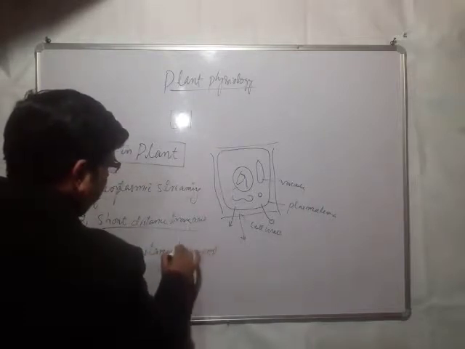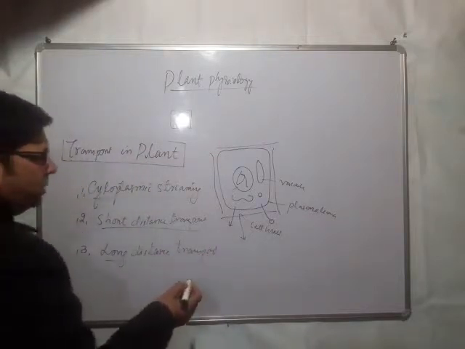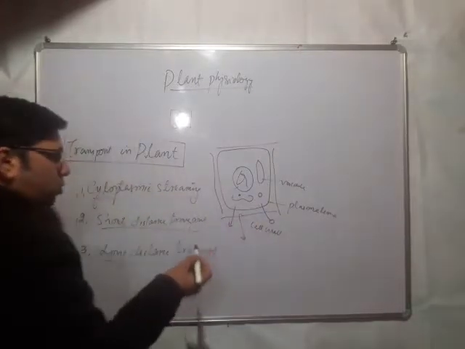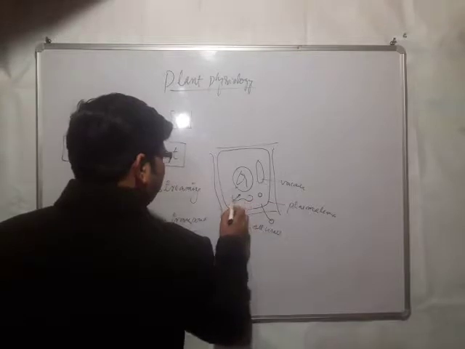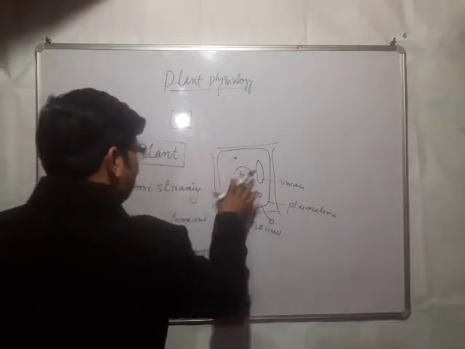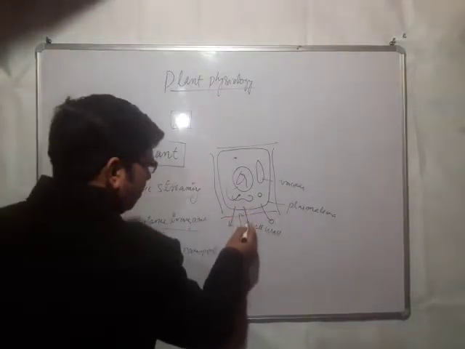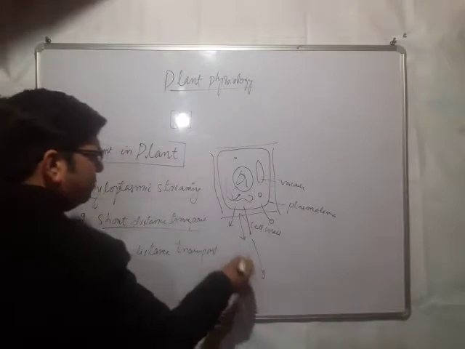As I said, a water molecule or a solute molecule or mineral, whatever it is, can move from this part of a cell to this part within the cell, which is called cytoplasmic streaming. In the second case, it can move out of the cell to the neighboring cell, but within the same tissue.